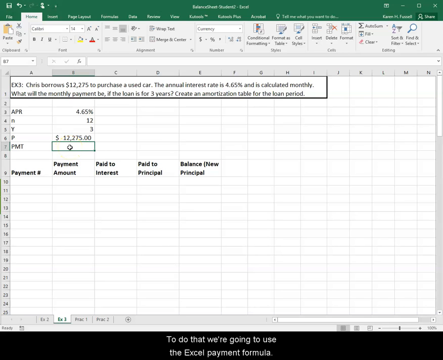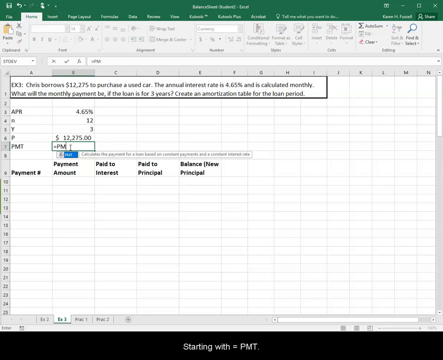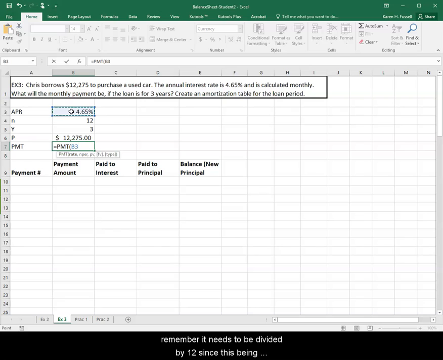To do that, we're going to use the Excel payment formula, starting with equals PMT. And then remember, first we do our rate. So that's our amount up here, that 4.65%. Remember, it needs to be divided by 12, since it's being compounded monthly, or calculated monthly, comma.